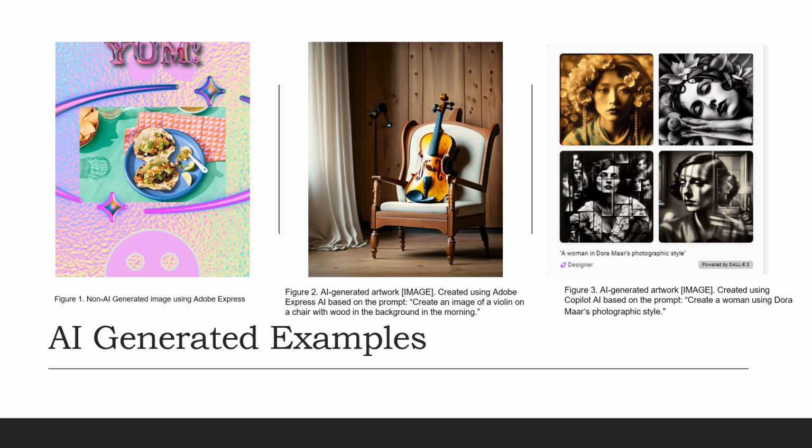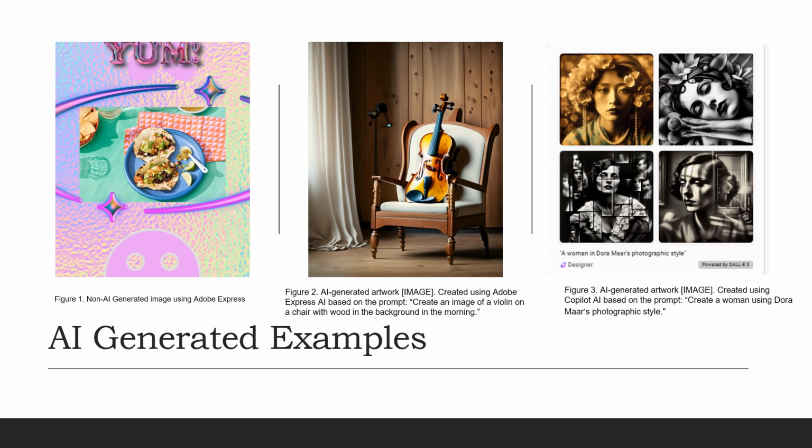Figure 3. This is where she showed us how to properly use Adobe Express AI. So you can see that it's a little bit more refined, but it's also very different. I could have prompted further and added some elements and other things that Evelyn had shown, but I was inspired by Dora Maar's photographic style.